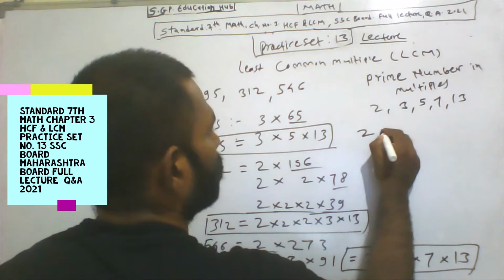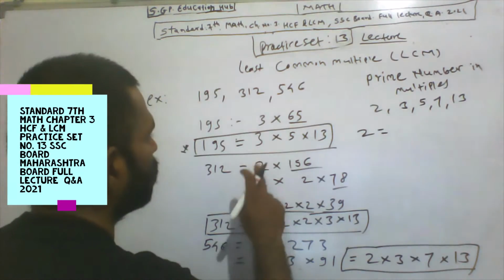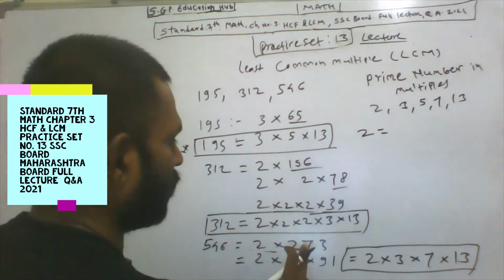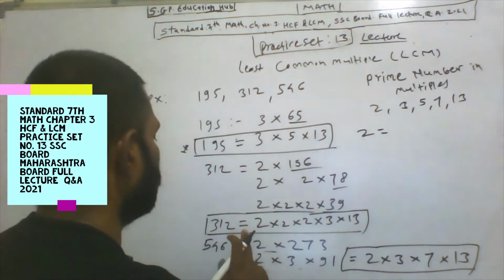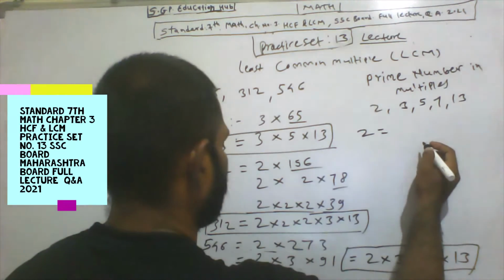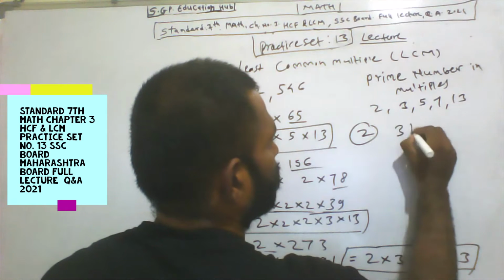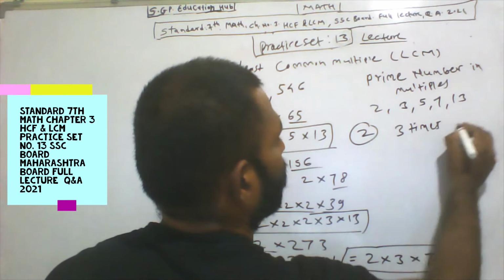How many times do they come? Maximum times, I think, 2 comes 3 times in 312.